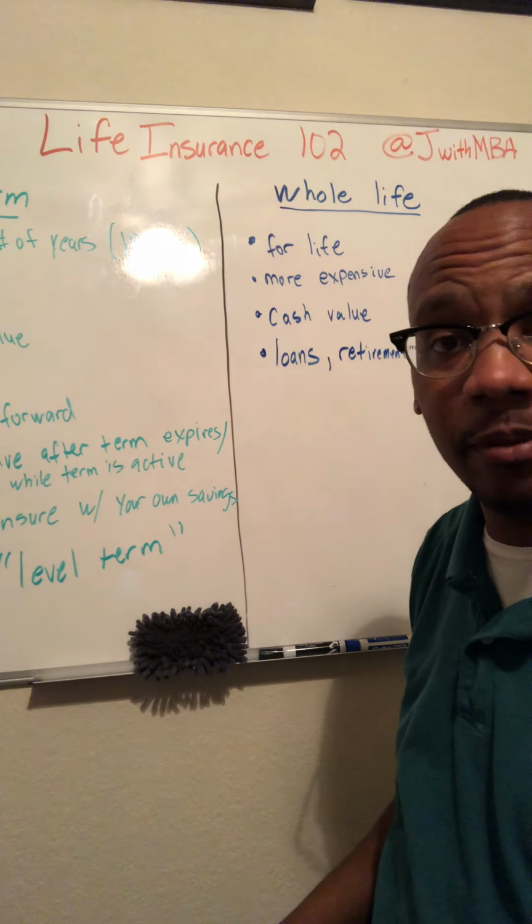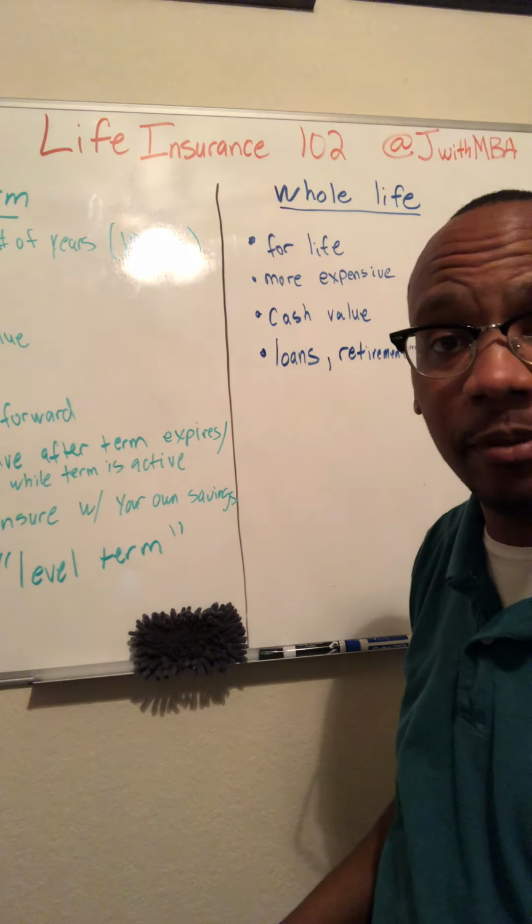If you don't know what a rider is, it's a contingency, a clause that you can add on the policy. There are way more riders on the whole life side than there are on term, which makes it more and more complicated. Also, there are fees. So not only is it more complicated, but there are some fees on the whole life side, whereas the only thing you're paying for on the term side is the premium.